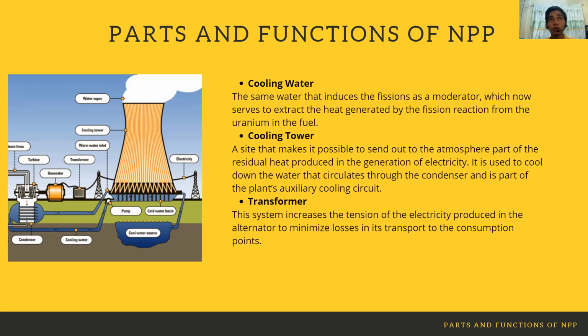It is used to cool down the water that circulates through the condenser and is part of the plant's auxiliary cooling circuit. And lastly, the transformer. This system increases the tension of the electricity produced in the alternator to minimize losses in its transport to the consumption points.